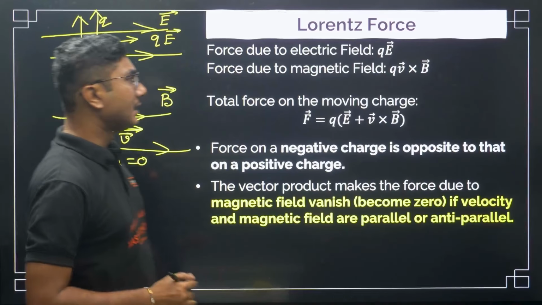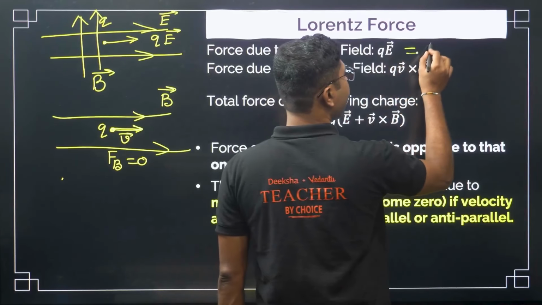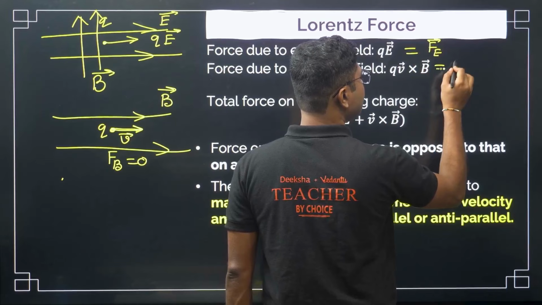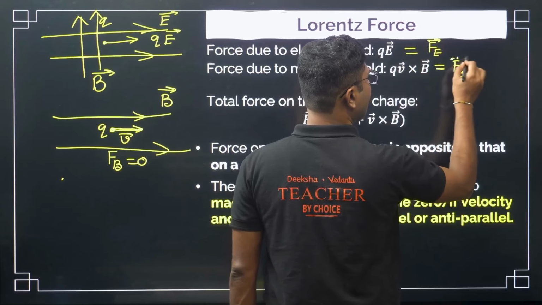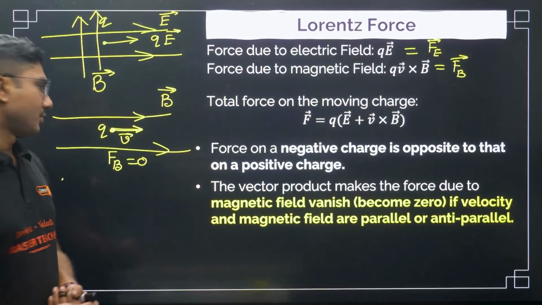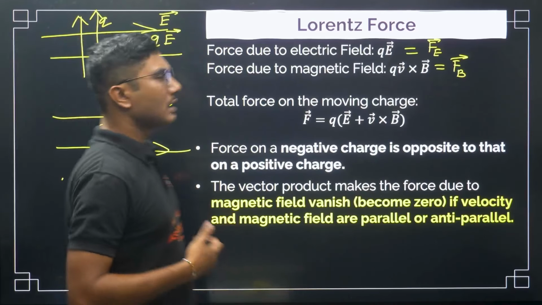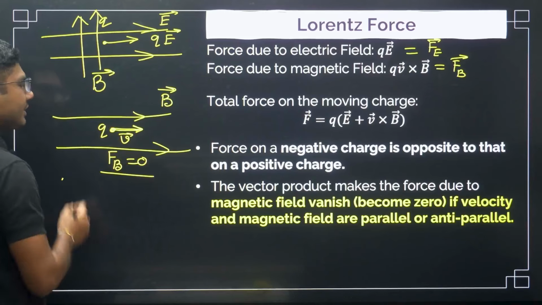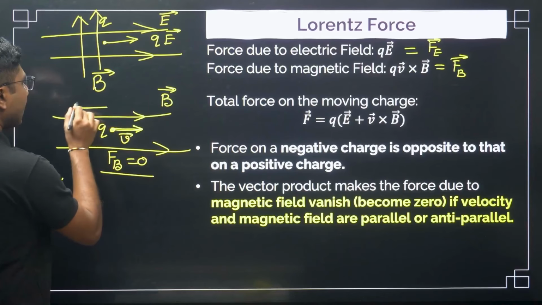Generally the electric force is represented by Fe and the magnetic force by Fb. Fb means magnetic force, Fe means electric force. That is the general convention. So Fb becomes zero if the velocity is parallel or anti-parallel.